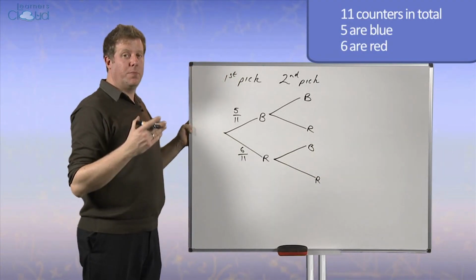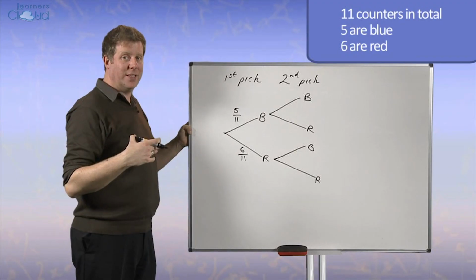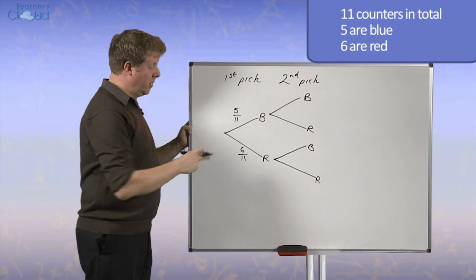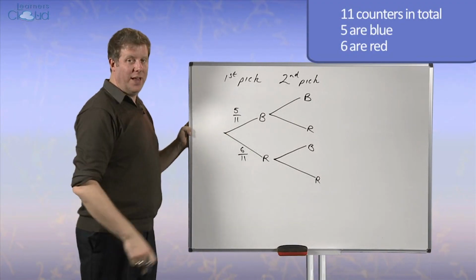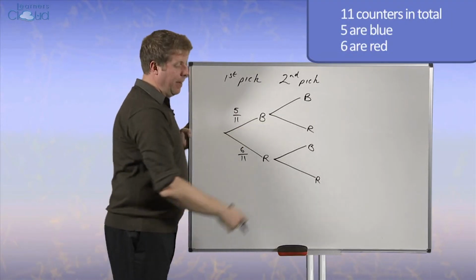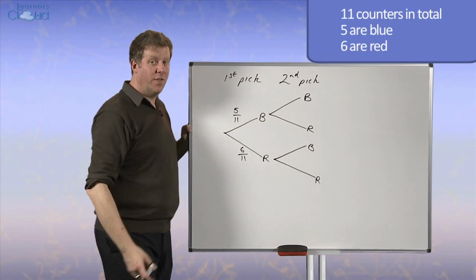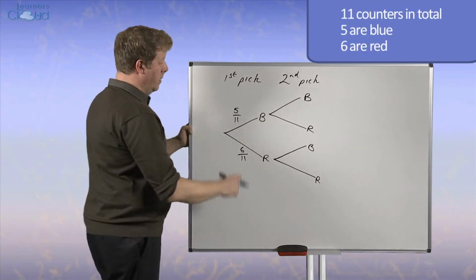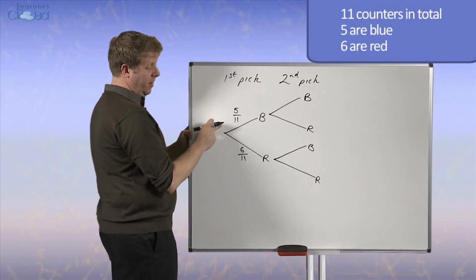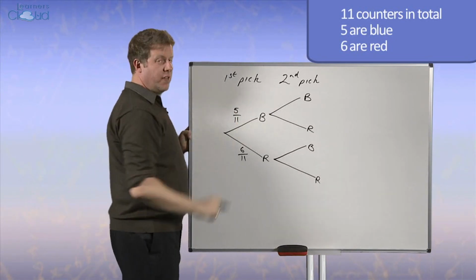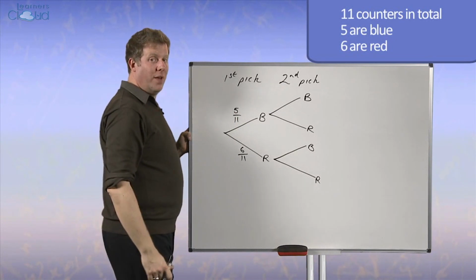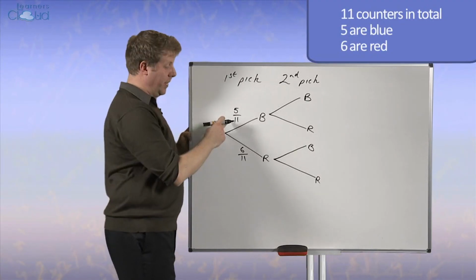They tell us the counter is not replaced. So that therefore means, although my fractions were out of 11 here, on the second pick, my fractions are going to be out of 10. Now, if I've picked a blue first, the chance of me picking another blue, well, I've now only got 4 blues left if I've picked one here.